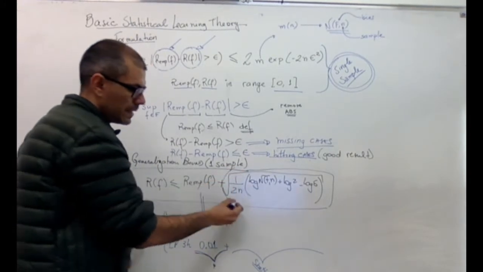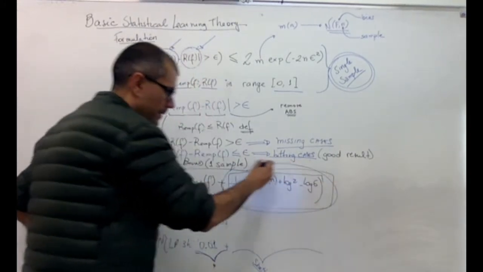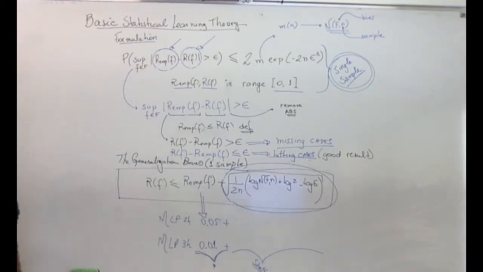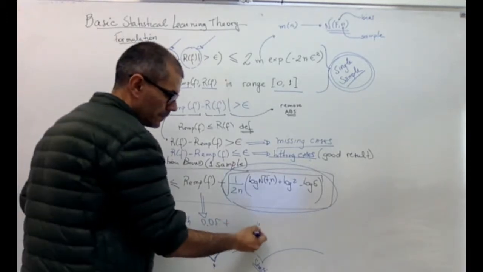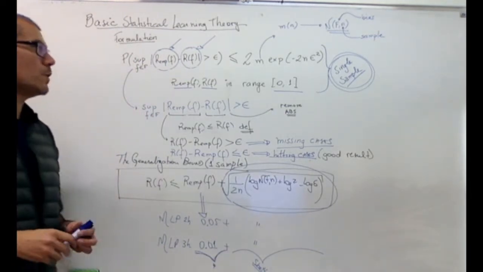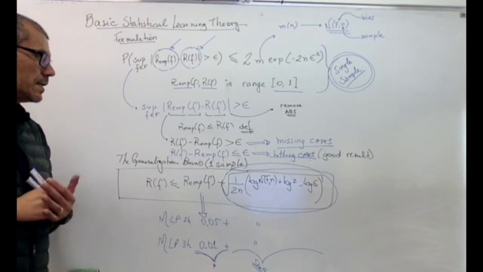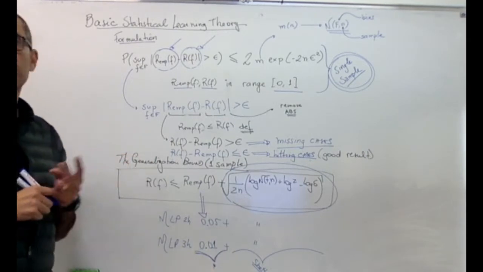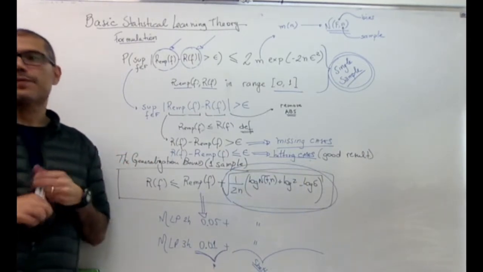In my opinion, now we should go to the next step and understand how this term affects learning. That's something I will show using my computer. But before that, I'd like to show you the formulation for 2 samples. Why 2 samples?